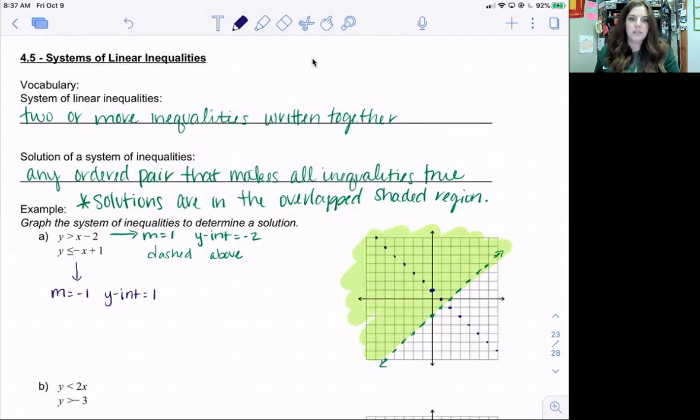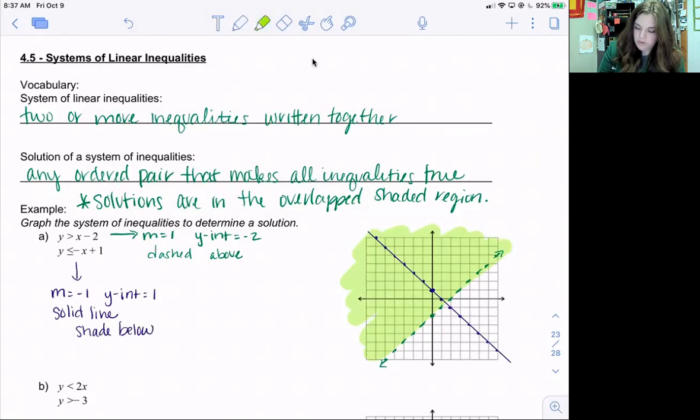Okay, so now since it's less than or equal to, the equal to makes it a solid line. Okay, and then since it's less than, we're going to shade below the line.